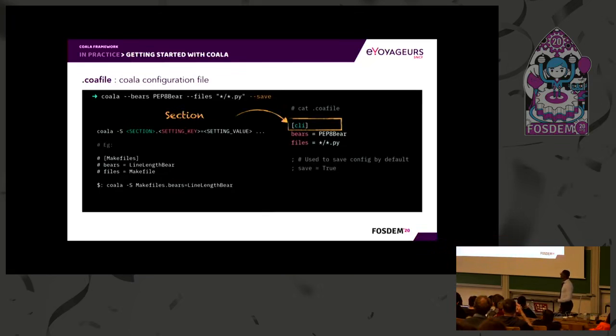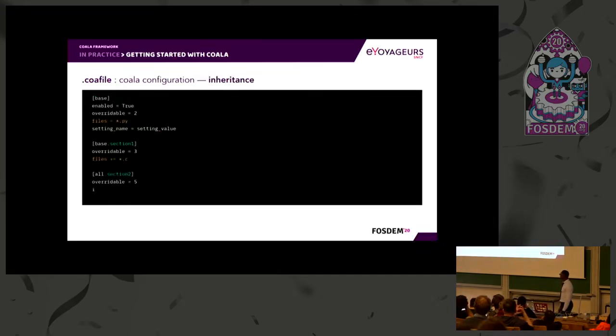You can also enter your settings at the command line, as you see in the ini. In the configuration file, you have a way to organize your bears. This is to avoid repeating yourself in the configuration.